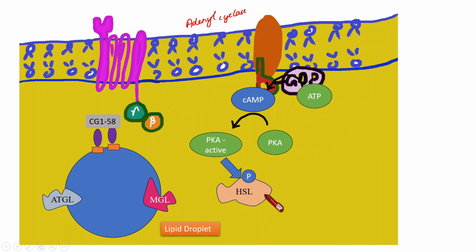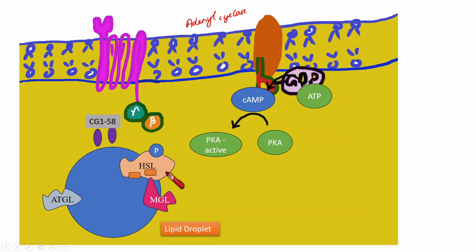After getting activated, this HSL moves to the surface of the lipid droplet. Along with activating HSL, this active PKA adds a phosphate group to perilipin. So perilipin also gets activated and moves to the surface.